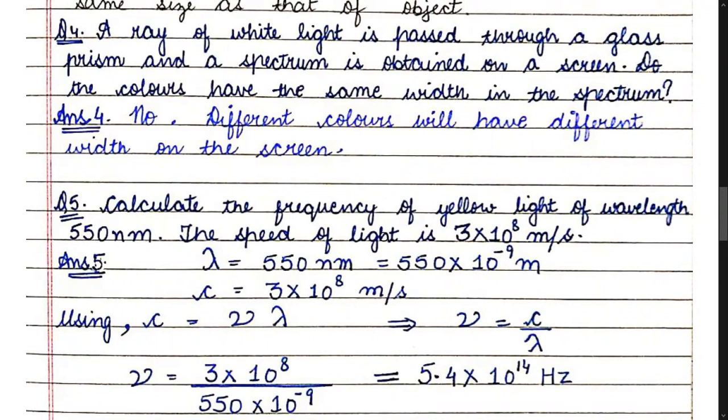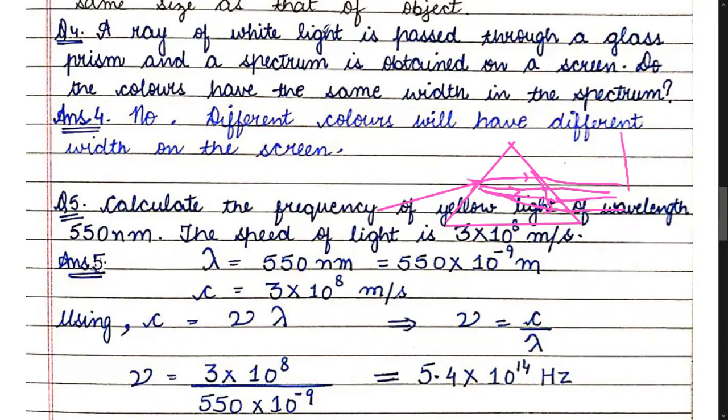Now you have to tell whether the colors have the same width in the spectrum or not. What does it mean? If you have a prism and white light is incident, then according to dispersion there will be 7 colors, VIBGYOR, and the same VIBGYOR will form on the screen.